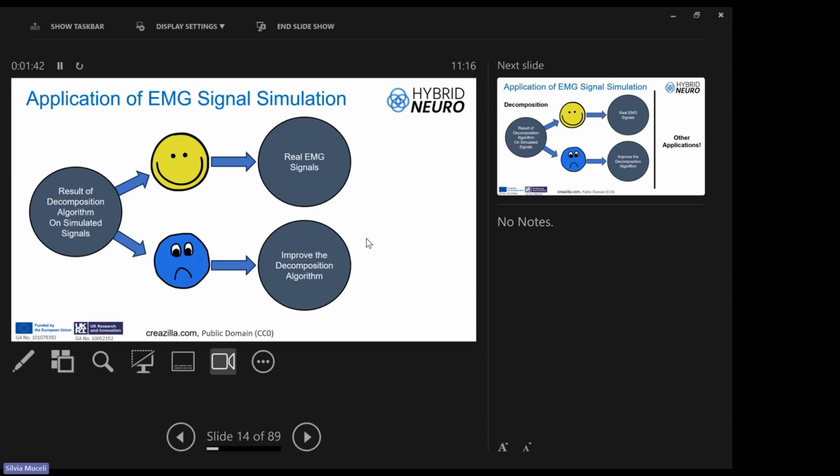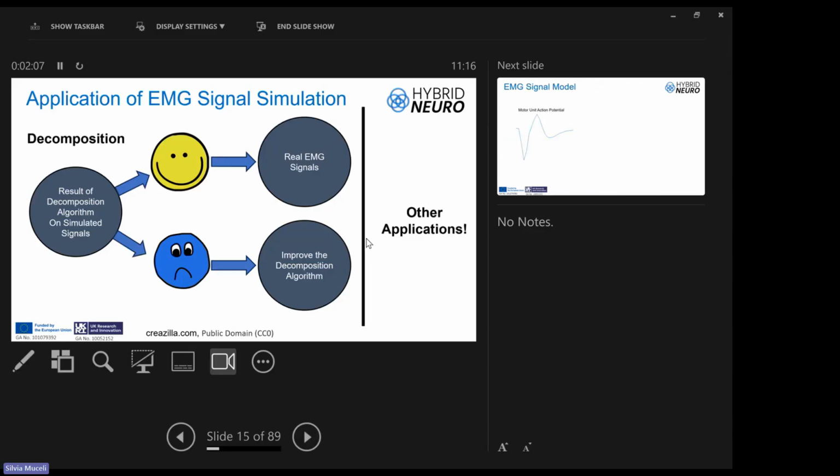And usually it's like that. If the decomposition works well on the simulated signal, we have the confidence to use it on the real signal, and we hope to get some meaningful result. But if it does not work well on the simulated one, we need to improve because otherwise it's not going to work on the real EMG signal.